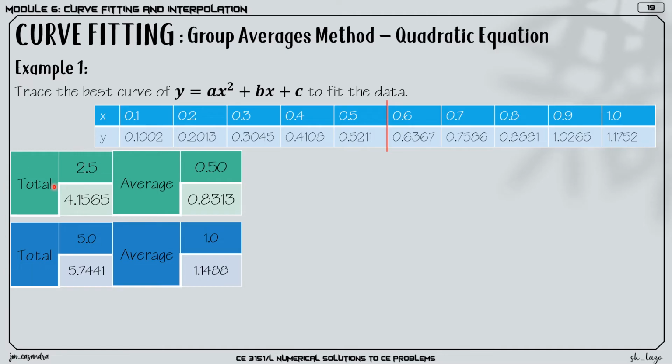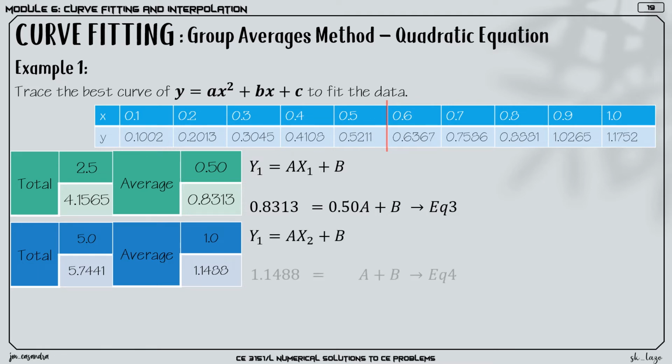From our computed average values of the first and second group, we can now write our linear equations. For the first group, we have 0.8313 equals 0.5a plus b, which will be our equation 3. And for the second half, we have 1.1488 equals a plus b, which is equation 4.